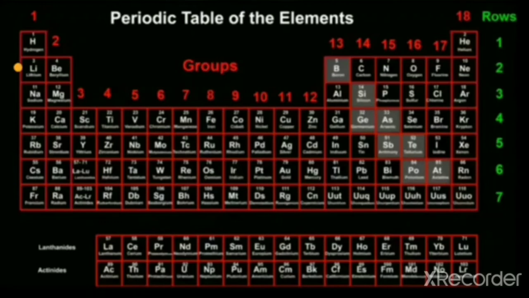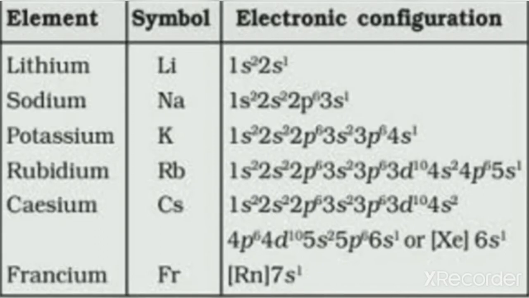So these elements, when we look at the electronic configuration here, we can find they have a similar pattern of electronic configuration. When we find the outermost electron, that is the electron which we filled last, in the case of lithium, you can find that electron is in the 2s orbital. In sodium, it is in 3s.